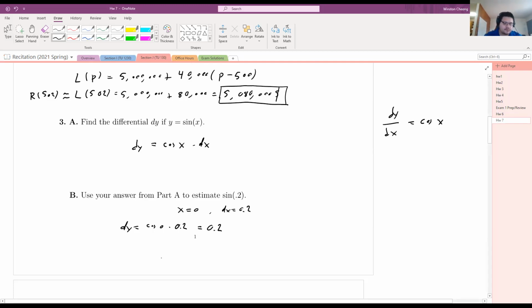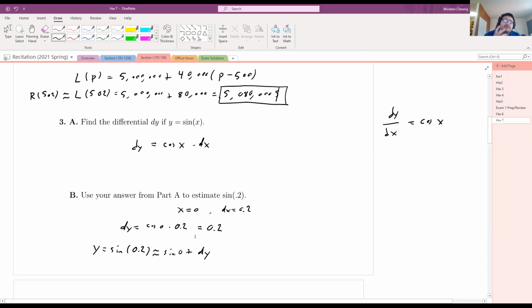But you should be a bit careful and say that sine of 0.2 is approximately sine of 0 plus the dy that we just computed.